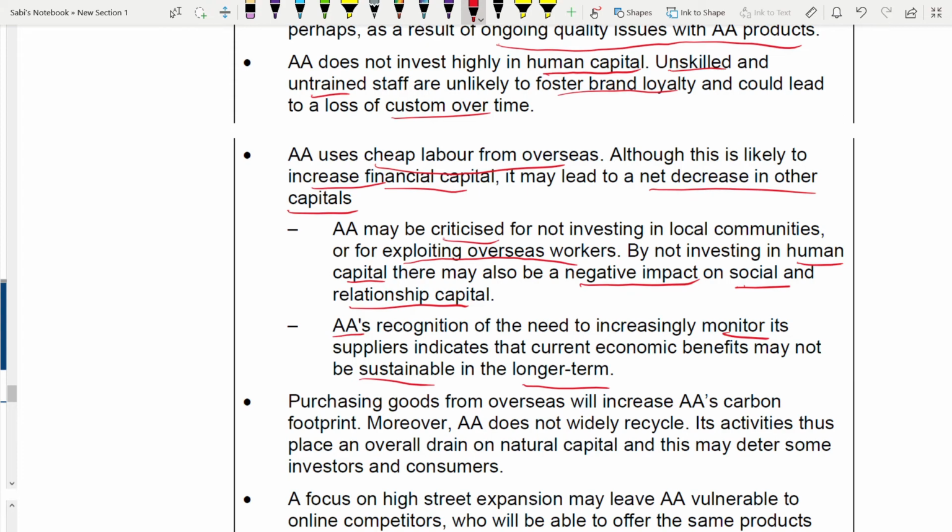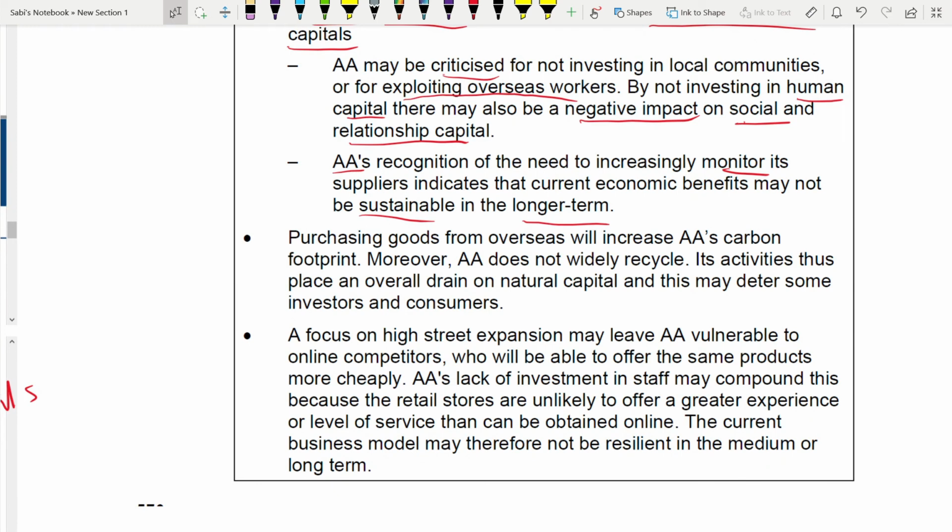Now, purchasing goods from overseas. Again, same issue but from a different angle. It will increase the carbon footprint. Remember that shoe has to come from so many places before it comes to you and then you sell. Coming all the way, there is a carbon footprint, because it has to come through airline or ship or whatever.